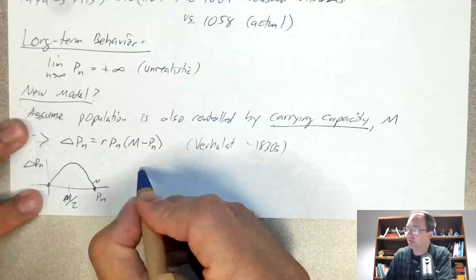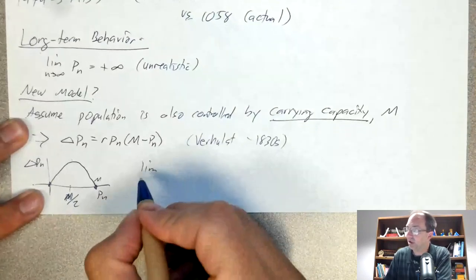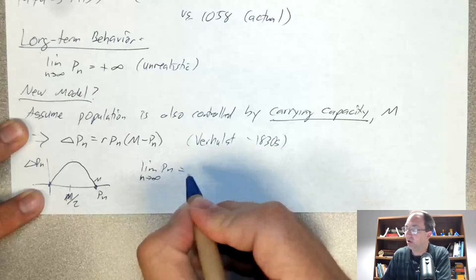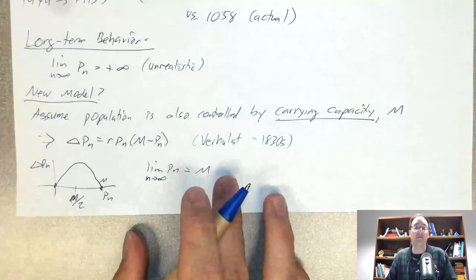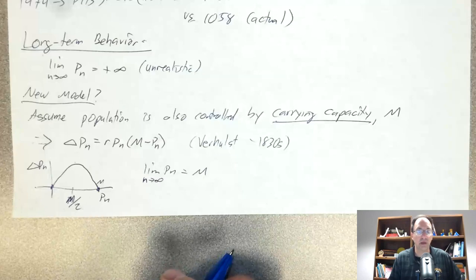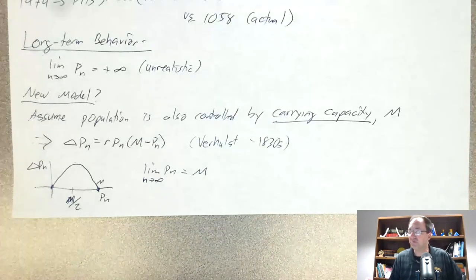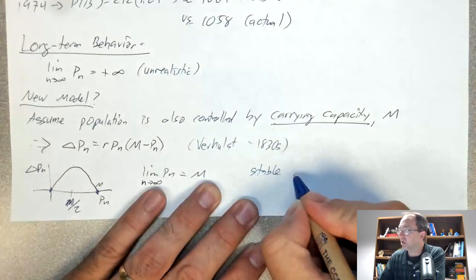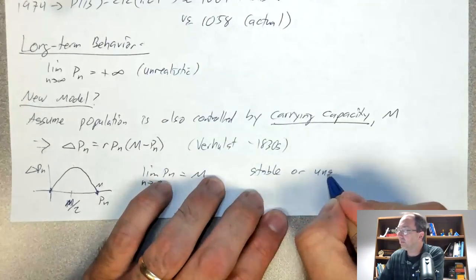So what does this mean for long-term behavior? Under this new assumption, if I take the limit as n goes to infinity, we'll see that the carrying capacity will be the limit. Now, while we're on the topic of long-term behavior, we can ask ourselves, is this a stable or unstable equilibrium?